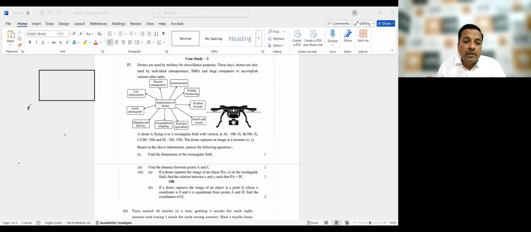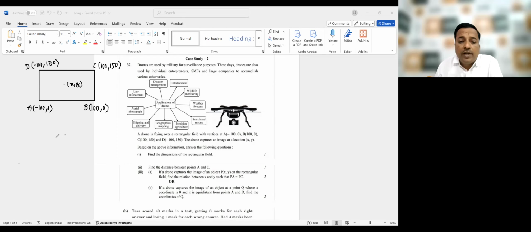The vertices of A that one is -100, 0, B that one is 100 and 0, C that one is 100 and 150, and D this one is -100 and 150। Okay, a drone captured the image at a location x, y। उसने कोई तो एक लोकेशन कैप्चर किया यहाँ पे, मे बी दैट वन इज x, y। Based on the above information, answer the following.